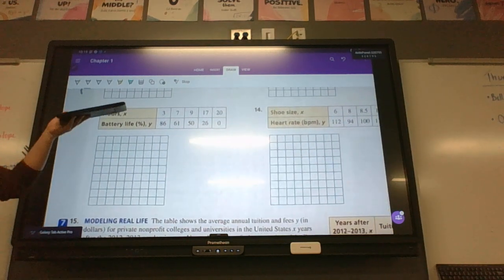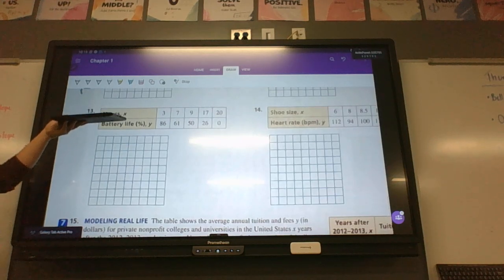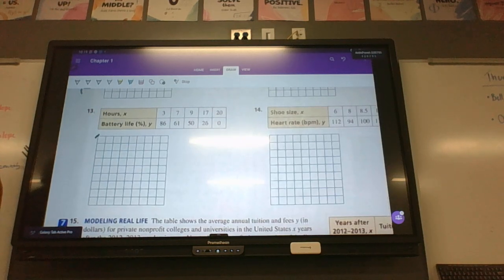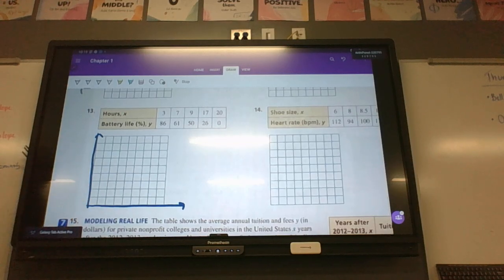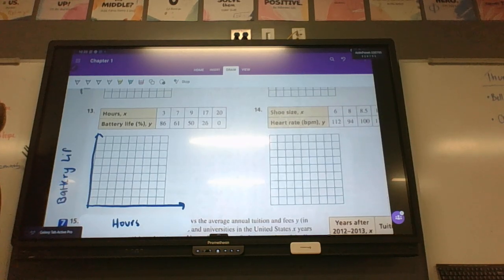So again, there's no negatives here, and I know our x-axis will be negative because this real world problem is dealing with time. So I can set up my scatter plot using the entire grid provided. I don't need negatives. The bottom axis is the hours, and the vertical axis is your battery life. Maybe this is talking about a pair of headphones, how long it's going to stay charged.